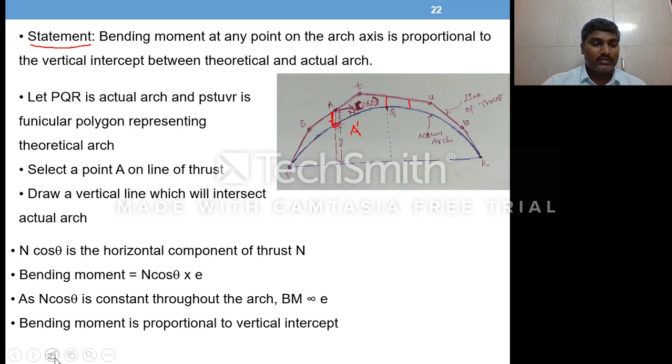Let me clear whatever is drawn there for a clear picture. Let PQR be the actual arch, with Q being the crown point, and P and R the springing points.